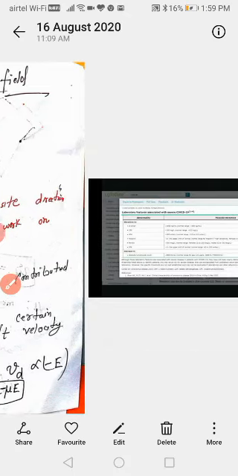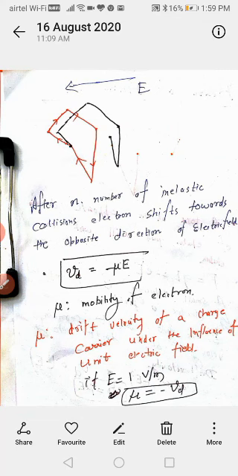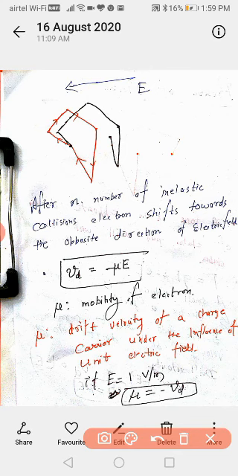Okay, now we shall move to the next slide. Here this will be more clear. I have made a picture in contrast, and here you can see both pictures in the same frame. When there was no electric field, the electron was moving like this, and when there was electric field, there was some drift.